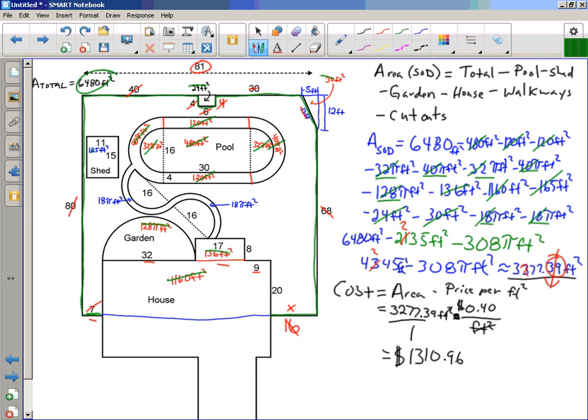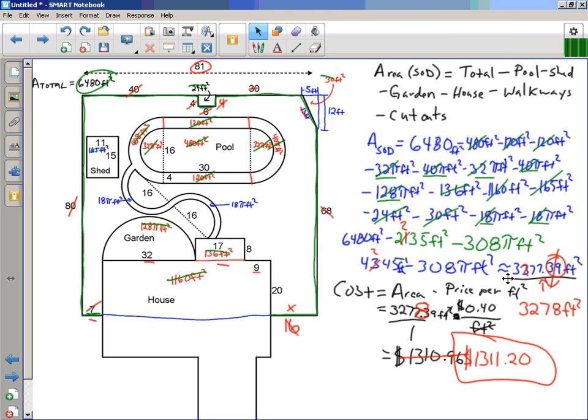So instead of ordering 3,277 square feet, we need to go up one and call this 3,278 square feet, because he's not going to give us a partial square foot. And so that's going to change this to an 8, right? And then we're going to multiply by 0.4. We're going to get 3278 times 0.4 equals 1311. So 1311 and 20 cents. That is our actual cost for the sod.